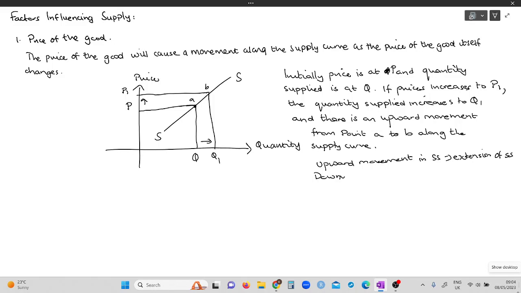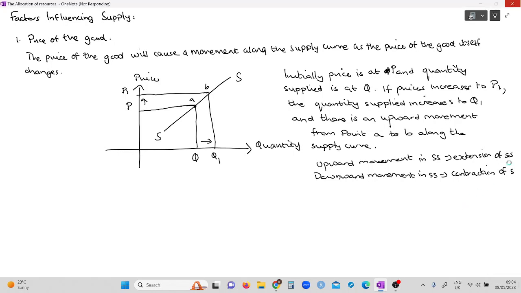If there had been a downward movement in supply, then we would have talked about the contraction of supply. For demand, it will be the same. Whenever there is a downward movement in demand, contraction of demand; upward movement in demand, extension of demand. It's the same thing. What changes is just demand and supply. Okay? So here you can see that there's an upward movement from A to B.